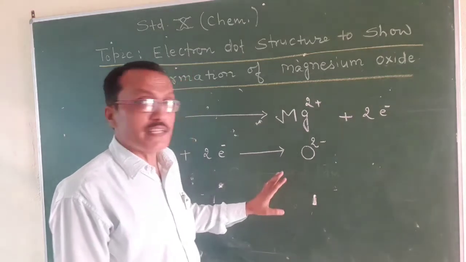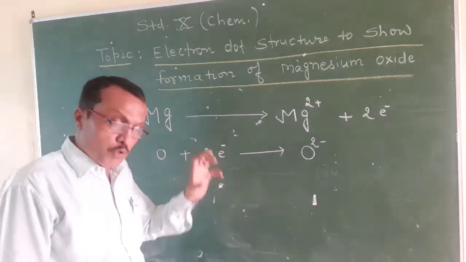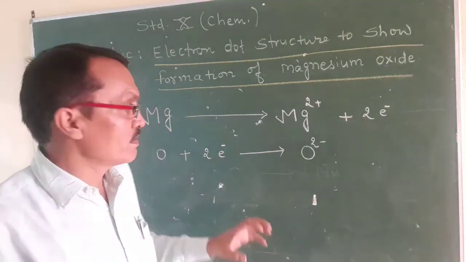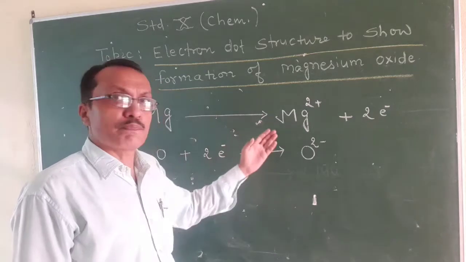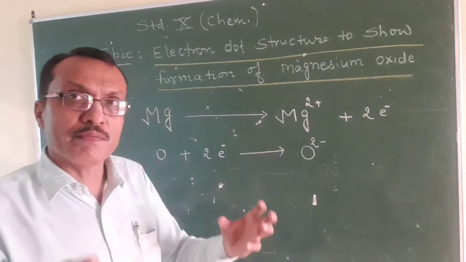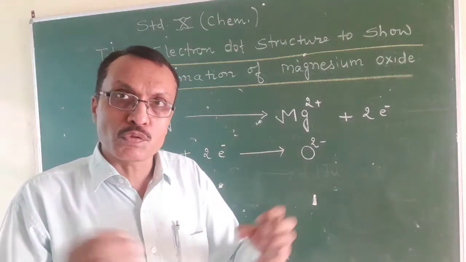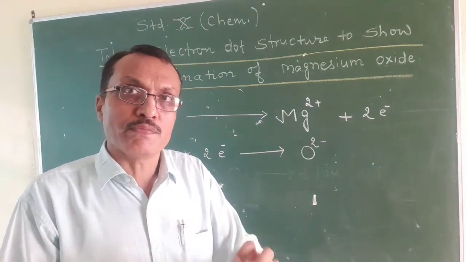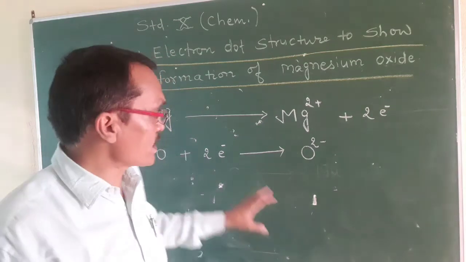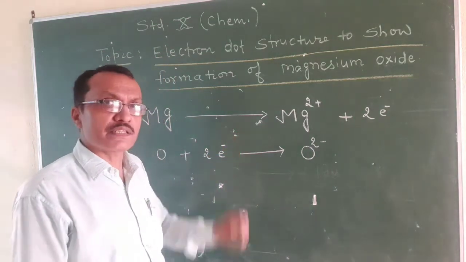So in formation of magnesium oxide, students, this reaction takes place when magnesium and oxygen come closer to combine and form magnesium oxide. First you have to show like this.